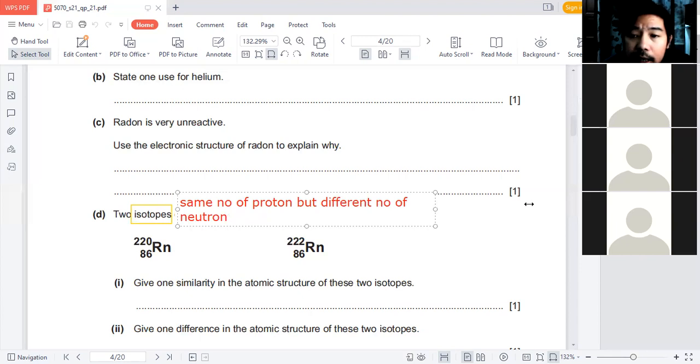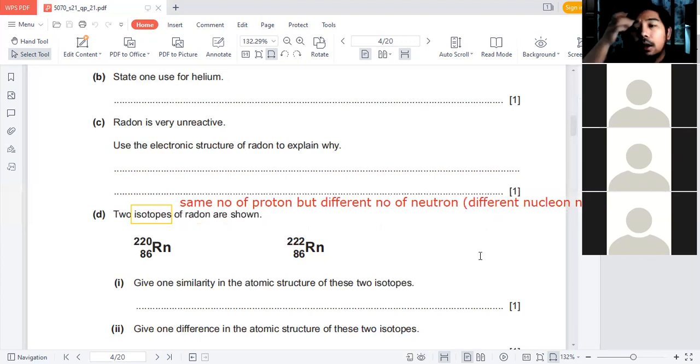Okay, so you will have the same number of protons but the neutrons are different. So I can say that they would have different nucleon numbers. So remember the nucleon number, okay, is your proton plus neutron, okay? So far so good. So here you can see the big number is what we call the atomic mass or nucleon number, okay?